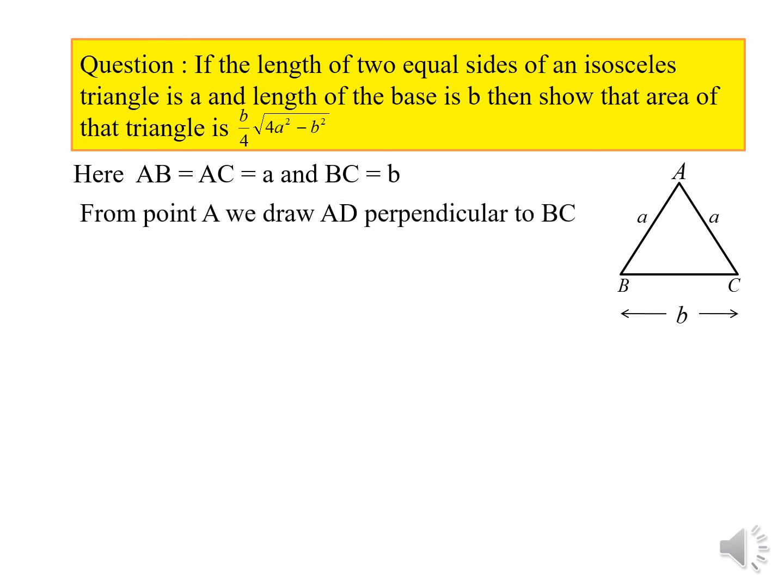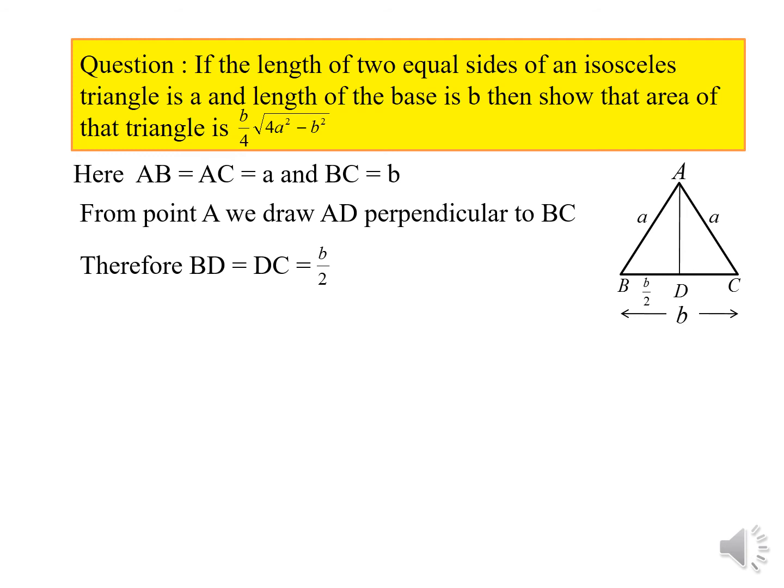Now we draw a perpendicular AD from vertex A on the base BC. Here AD bisects BC. Therefore BD is equal to DC is equal to b by 2.